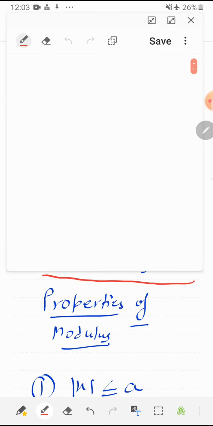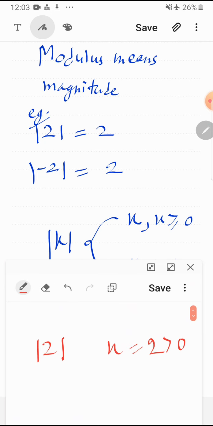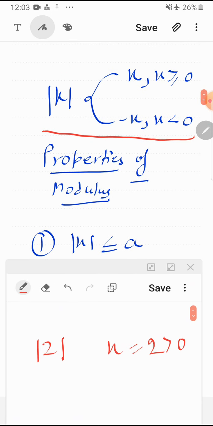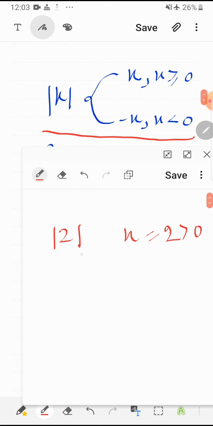For example, suppose I have to find mod of 2. So mod 2 is 2, and here x is 2, which is greater than 0, and the definition says when x is greater than 0, mod x is just x, so x is 2, so the answer is 2.